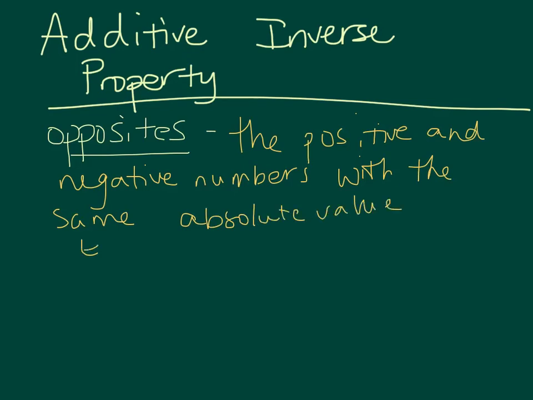So an example of opposites would be negative 5 and 5. A little bit different than reciprocals, but opposites are positive and negative in math.